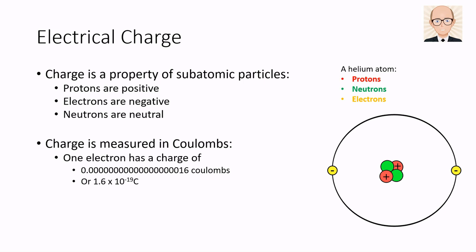So the number of electrons needed to create 1 whole coulomb of charge is 6¼ quintillion electrons. This is the number of electrons that flows past a point in a wire when the current is 1 amp. It's also roughly the same number as the number of grains of sand there are on all of the beaches in the entire world.